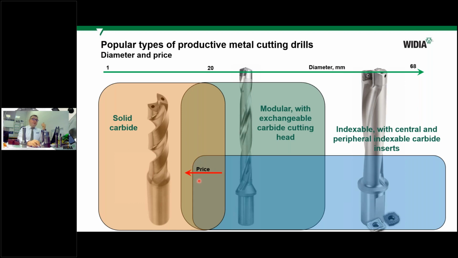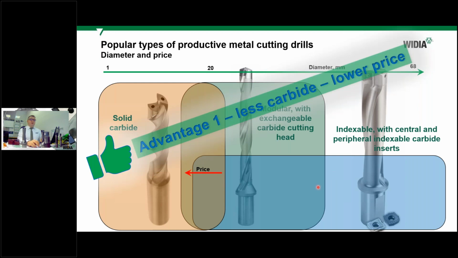One of the parameters you can use for that is price, because the less carbide is in use, the more economical the drill or the tool. So it's the first advantage of the indexable drill, at the first purchase when you get the tool.